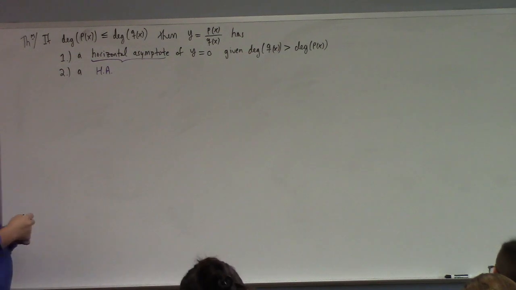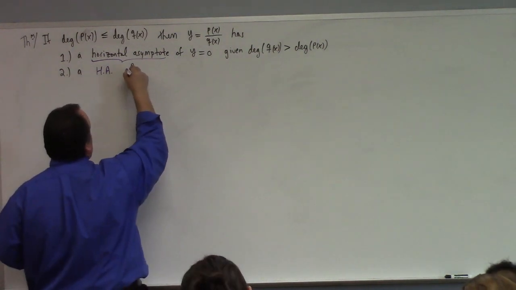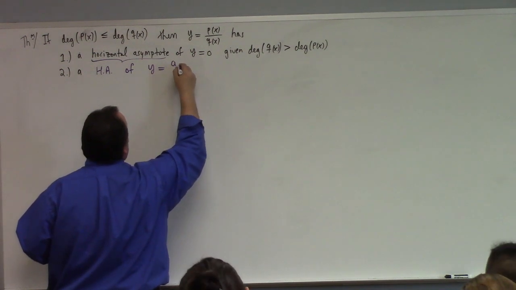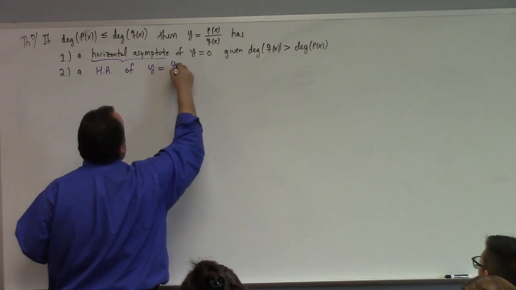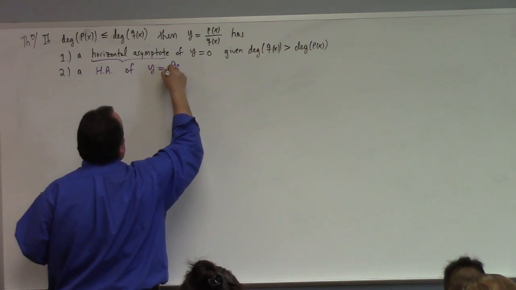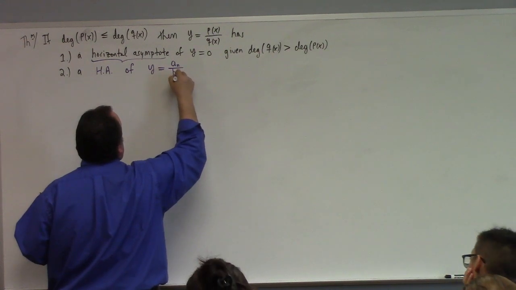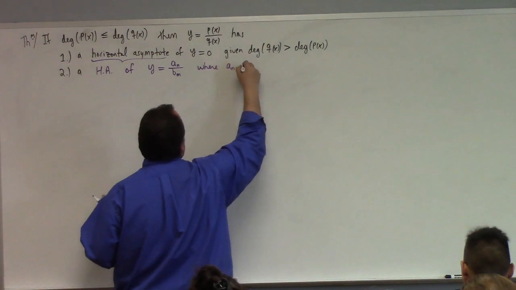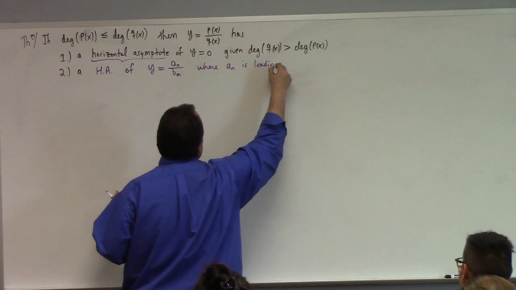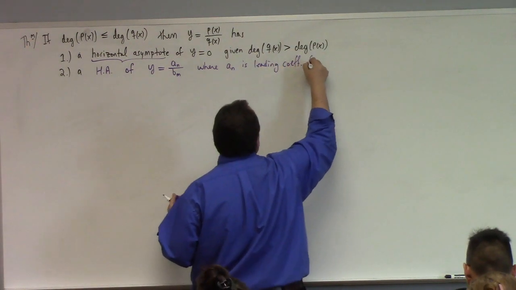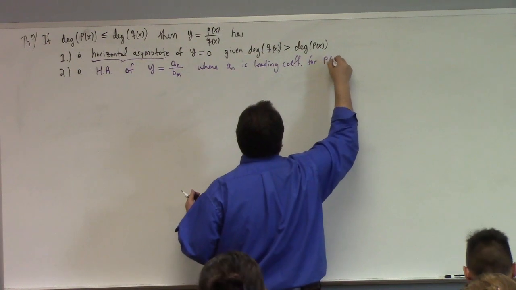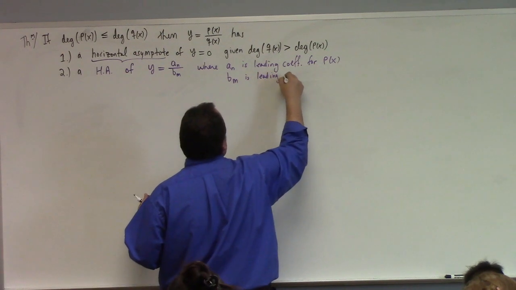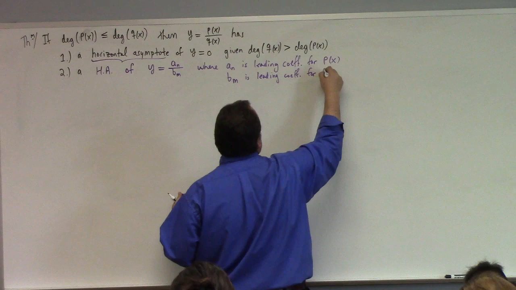Horizontal asymptote of y equals, let's say, a sub n divided by b sub m, where a sub n is the leading coefficient for p of x, and b sub m is the leading coefficient for q of x.